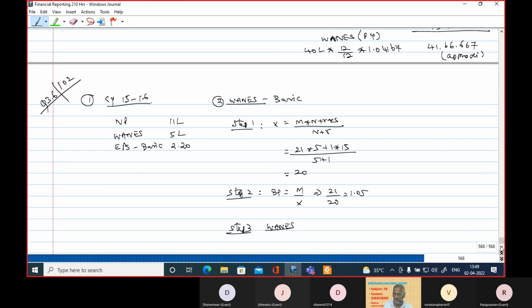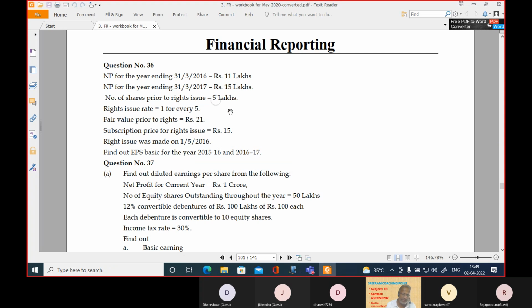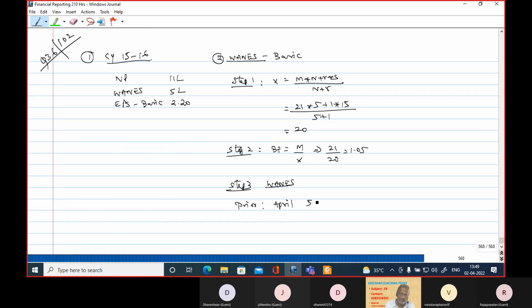Step number 3, weighted average number of equity shares. Prior: how many months prior? That is for the month of April only. Number of shares 5 lakhs. 5 lakhs into 1 by 12 into 1.05.